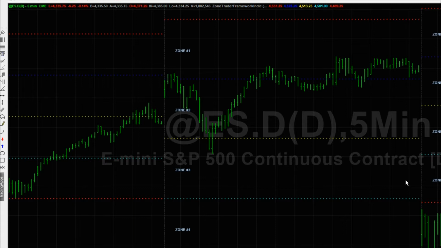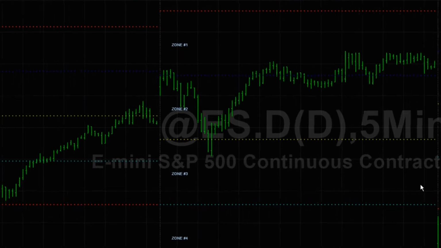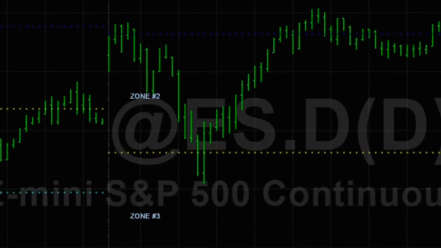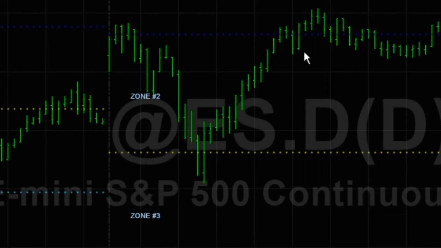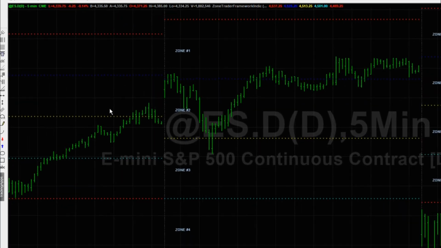You can see it from the watermark in the chart, and you can see the overlays, the zones. We have zone 1, zone 2, zone 3, zone 4. The yellow line is what I call the midpoint of the prior day. So what I've done is I'm projecting onto today's activity yesterday's metrics. Okay, so we have the midpoint.